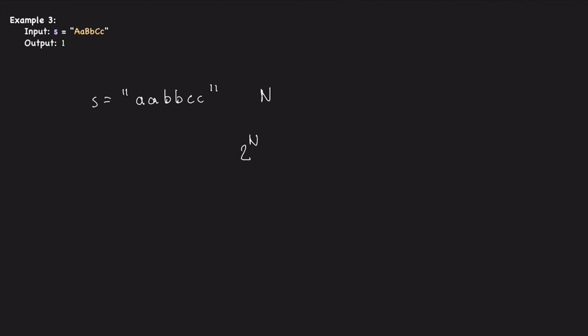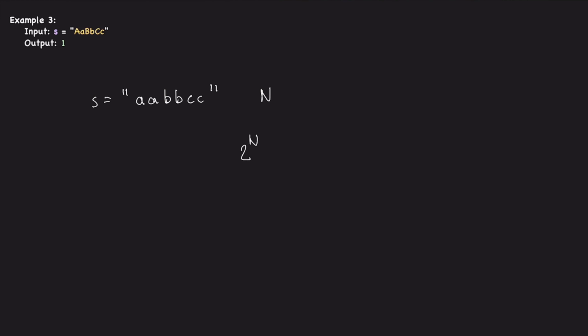This is similar to a binary number that consists of n digits. Each digit can be 0 or 1, so the total number we can construct is 2 to the power of n. So we could build 2 to the power of n different sets out of those characters.